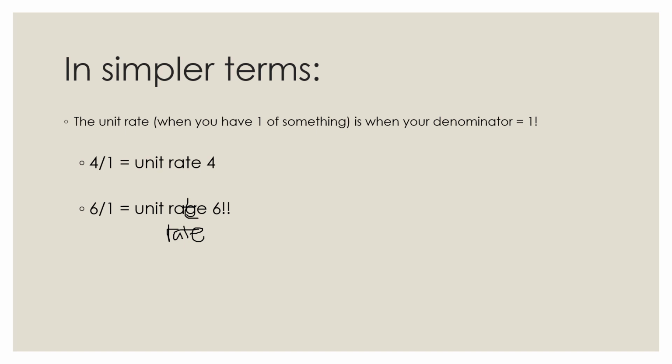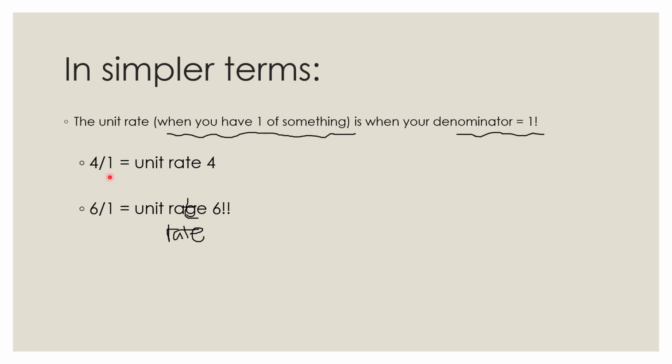Let's move on. Okay, so if we look at these, a unit rate is when you have one of something and it is your denominator equal to 1. So remember how I've been talking about how there's that hidden denominator of 1 underneath every whole number? Yes, I know. You're getting activated in the memory banks now. That's right.